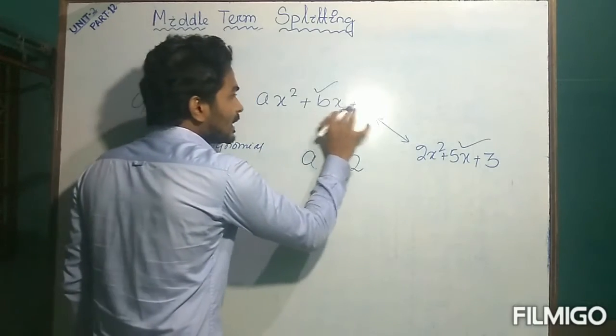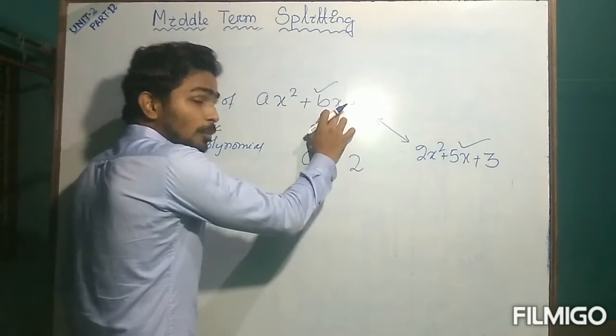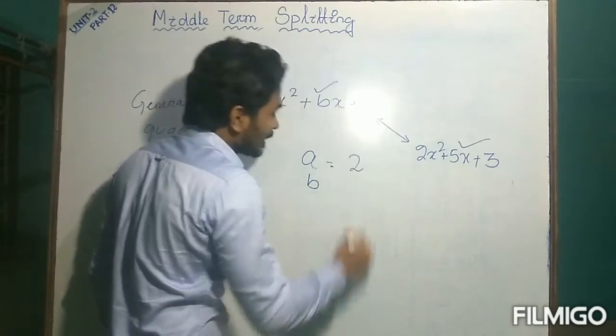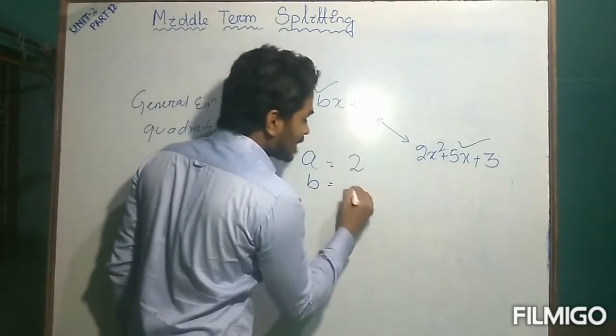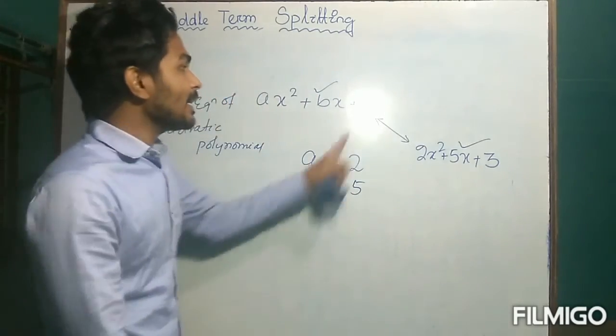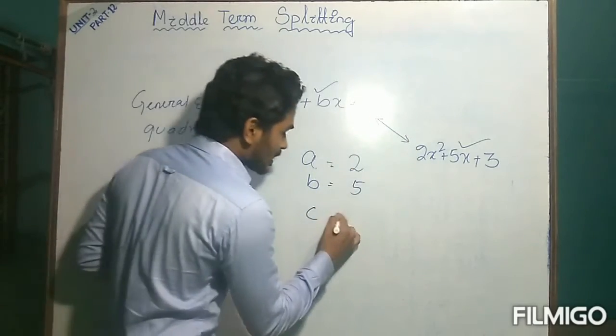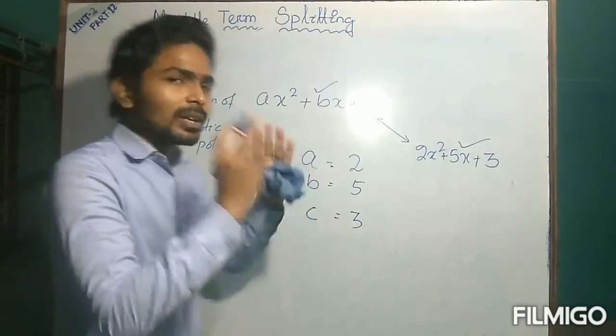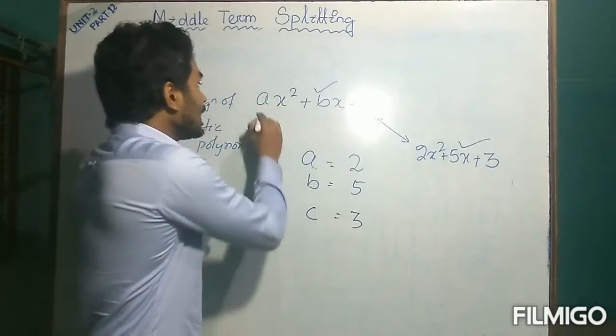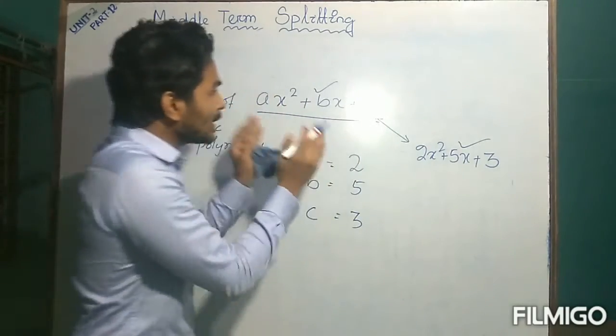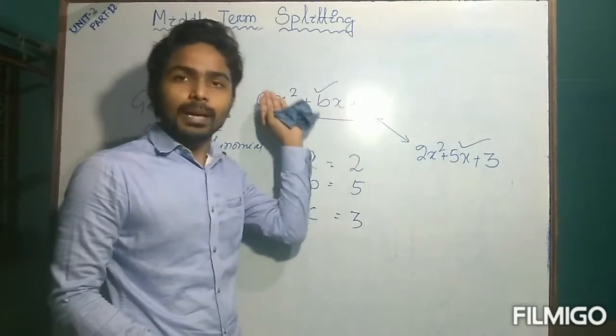Similarly, the coefficient of x is b here, and 5 in this polynomial. The constant term is c here, and 3 in this polynomial. So remember that any quadratic polynomial can be written in the general form ax square plus bx plus c.